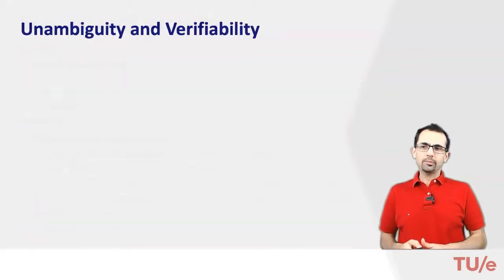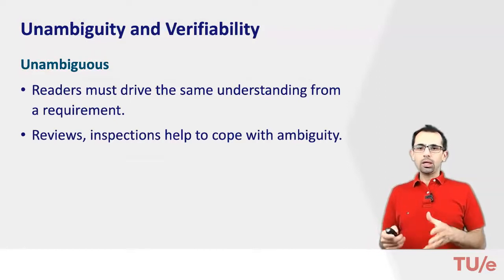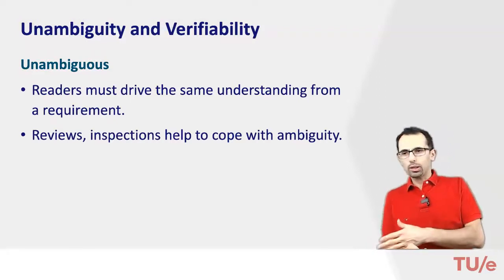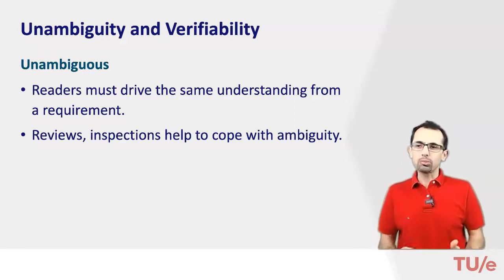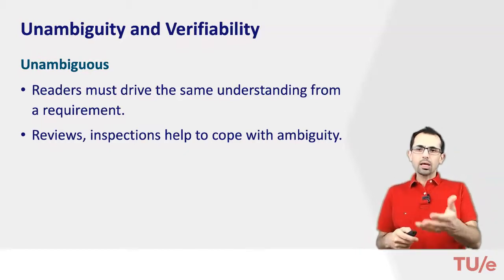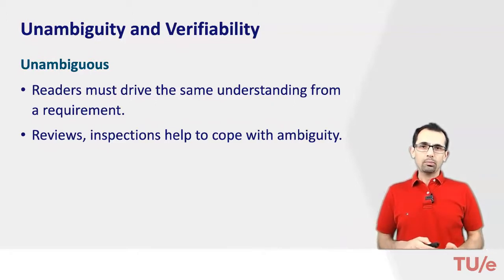Feasibility, necessity. Ambiguity and verifiability. Every statement should be unambiguous, which means that any reader should derive the same understanding from that particular statement, from that particular requirement. Reviews and inspections help to cope with ambiguity.